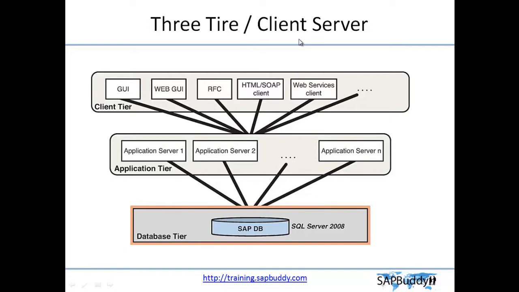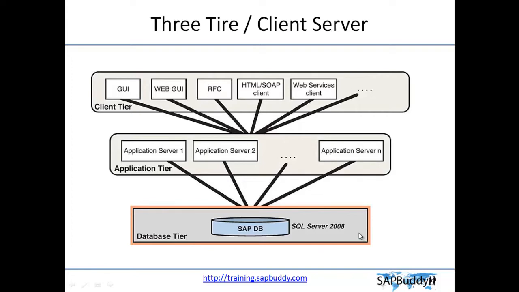The server which provides the resources, holds all the data and processes the requests is called the server, and the PCs or the users who are requesting this information or resources are called clients. So here we have the client, and all this together is called your server.